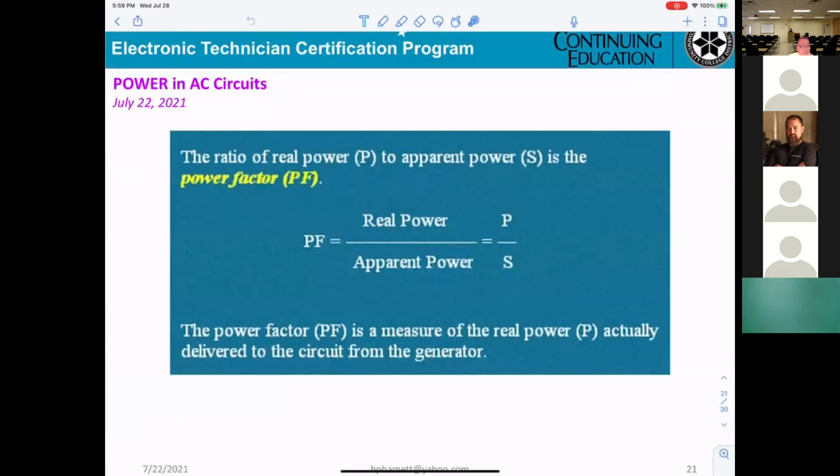Real power divided by apparent power. Okay? So what is the power factor? That is the measure of the real power actually delivered to the circuitry from the generator.